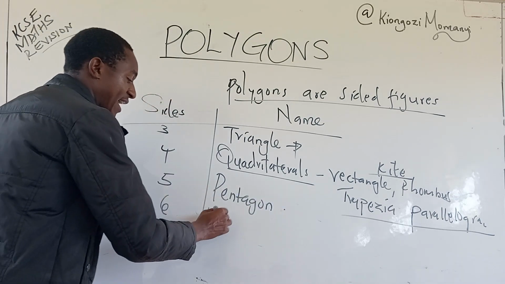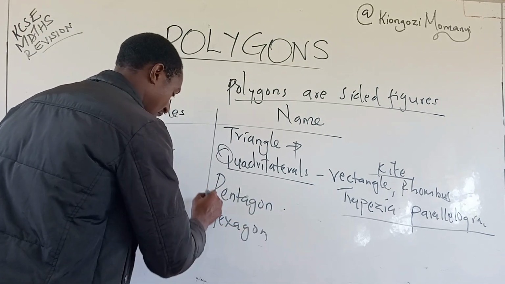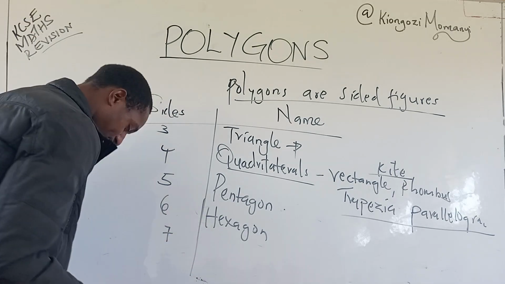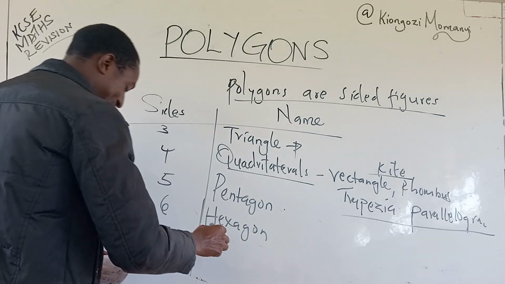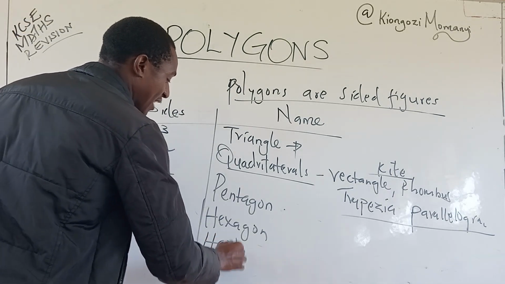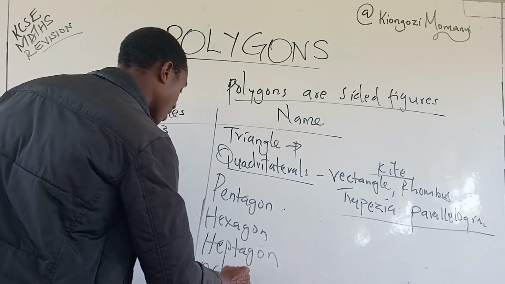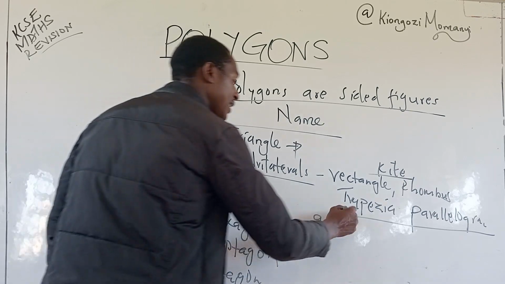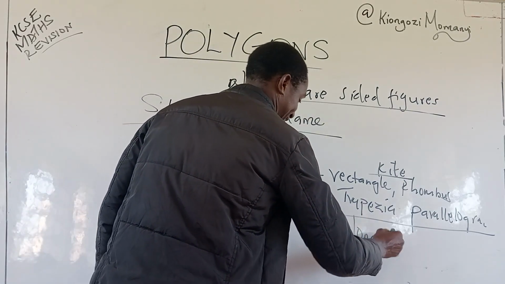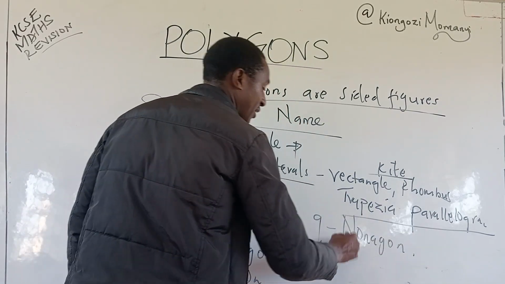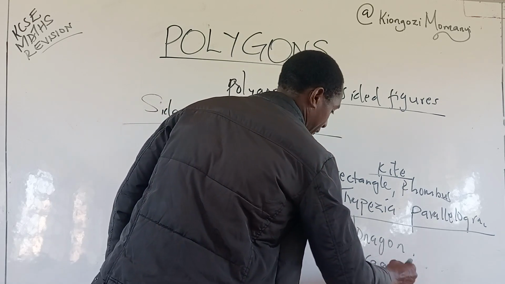6 we call hexagon. 7 sides we call heptagon. Then 8 we call octagon. 9 we say nonagon. And then of course 10 we call decagon.